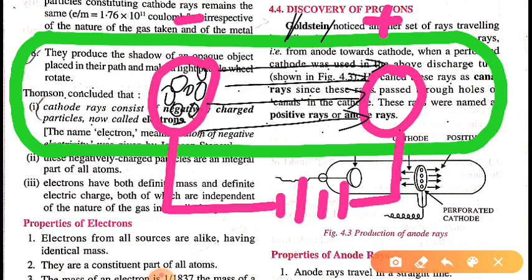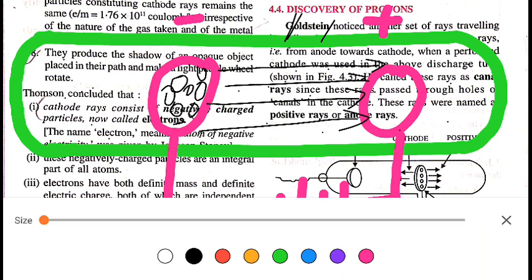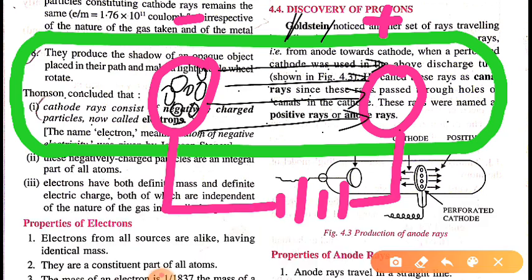But Goldstein observed that simultaneously some rays were generated from the anode and moving towards the cathode. It passes through the hole in the perforated cathode and travels here.